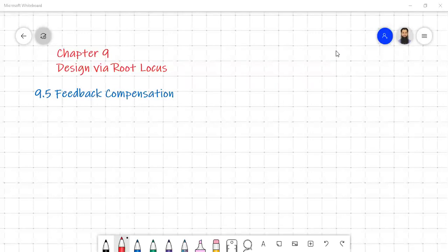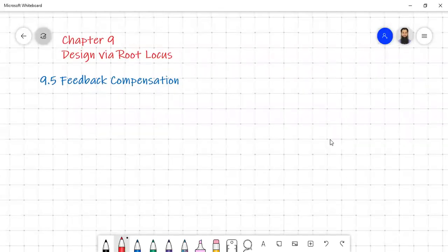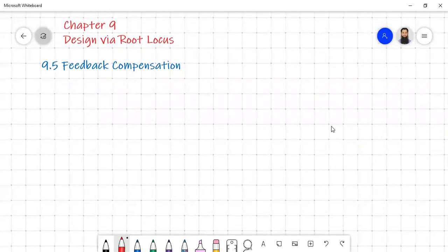So this is an alternative approach to the cascade compensation. The generalized block diagram for this one is something like this. You have your input signal, then you'll have a gain parameter. Generally the gain that we vary, K, is this one, and then you have another summing junction, and that will go to the main plant.